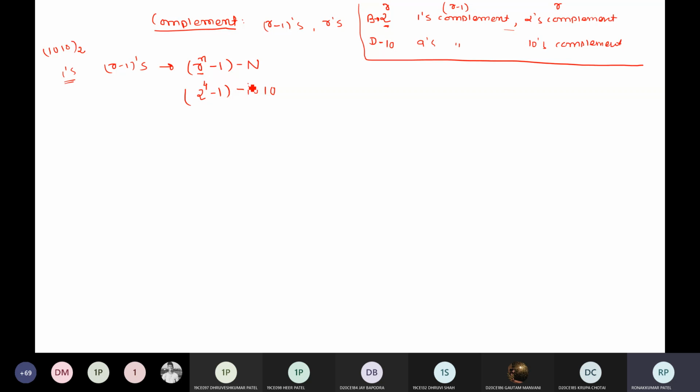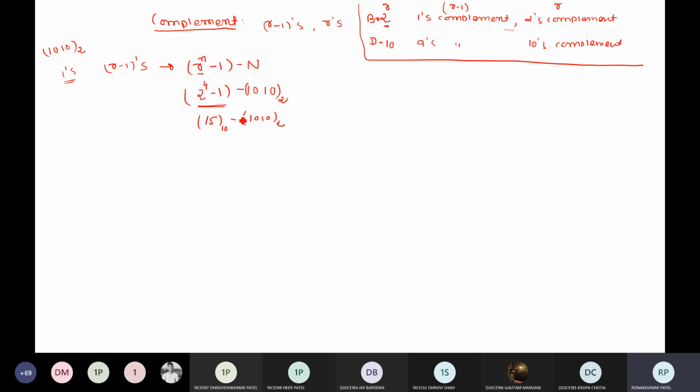Now look at this. Your number, capital N, this is in binary form 1010, right? Base 2. This r raised to n minus 1 is in decimal form, right? 2 raised to 4 is 16, minus 1, 15. So 15 is decimal, and this 1010 is binary.